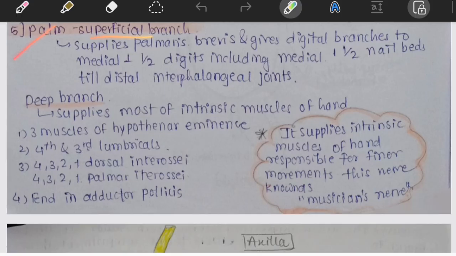In the palm, the superficial branch supplies palmaris brevis and divides to give digital branches to the medial one and a half digits, including the nail beds up to the distal interphalangeal joints.